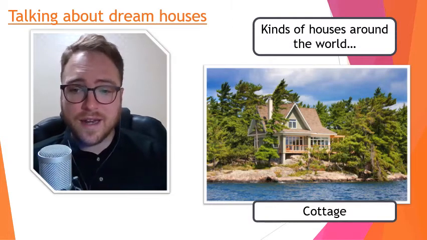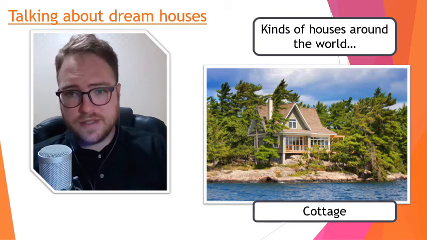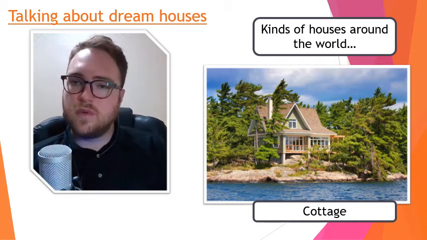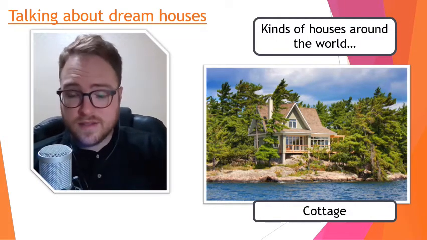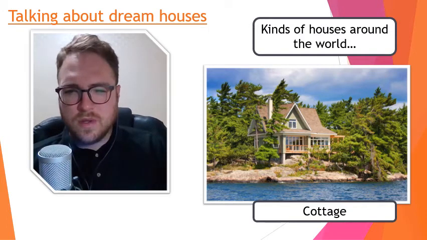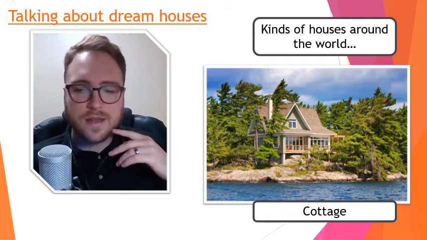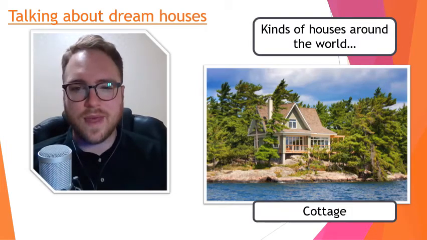Next, we have cottage. A cottage is a small home, usually in a forest or countryside. Okay, this cottage is near a river, and most people use a cottage for like vacation or holiday. All right, it's not to live in forever, but some people do that.